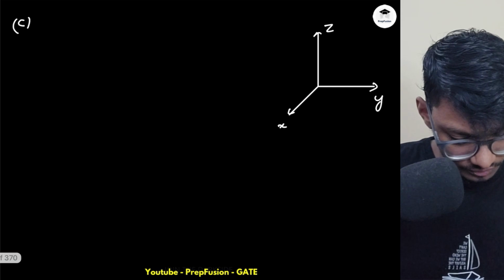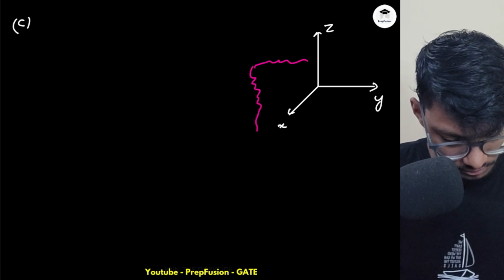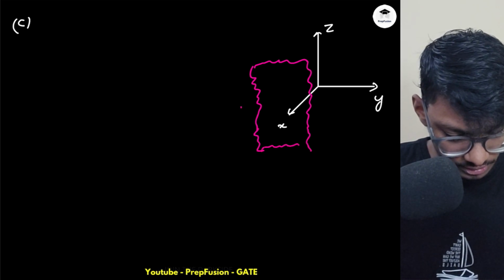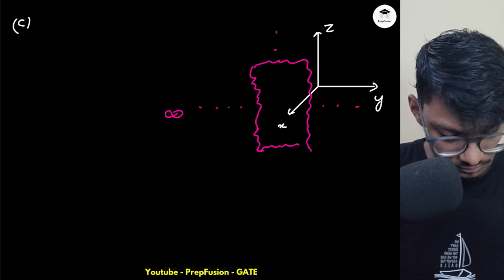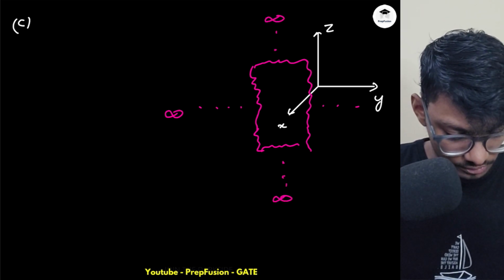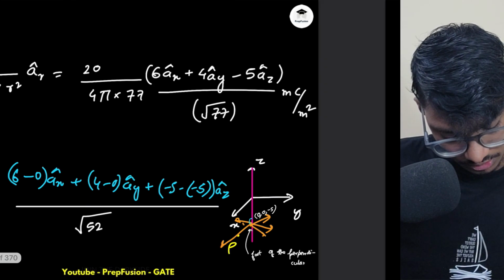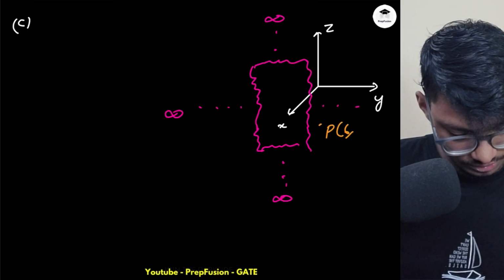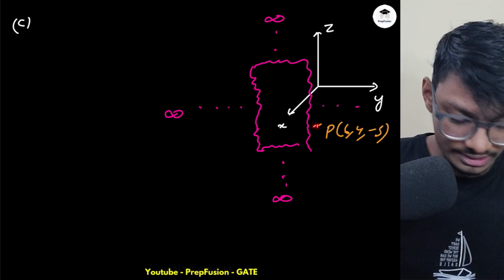X equals to 8 is somewhere around here, and it is terminating at infinity, and my point is somewhere around here. This is my point. It is at 6 comma 4 comma minus 5. Now this is again infinity, so this is again a symmetrical case.